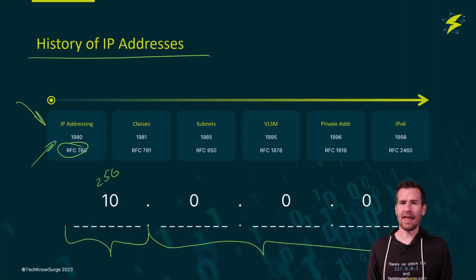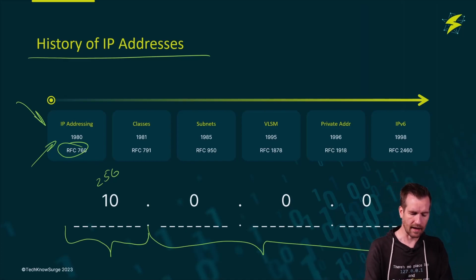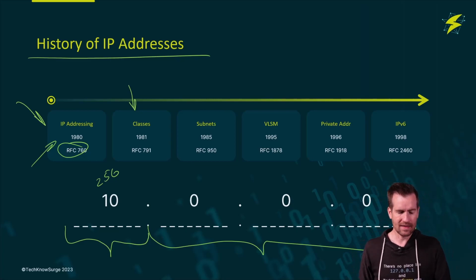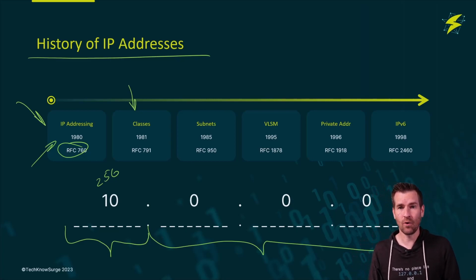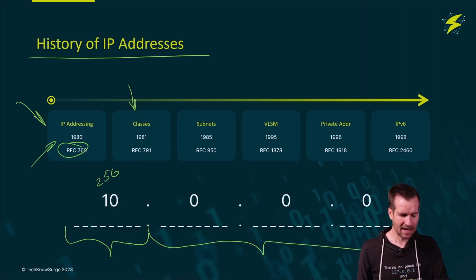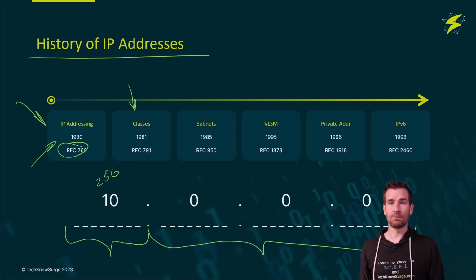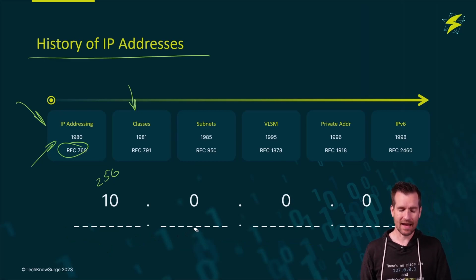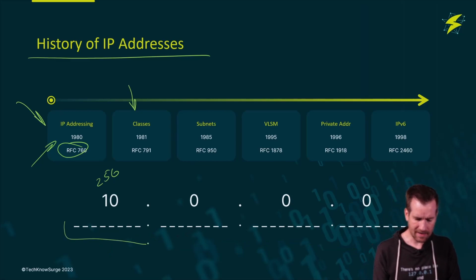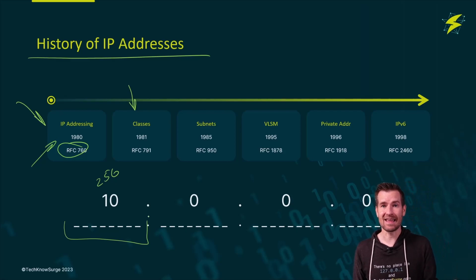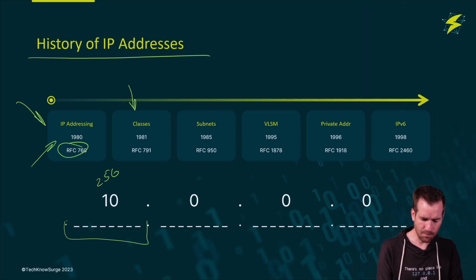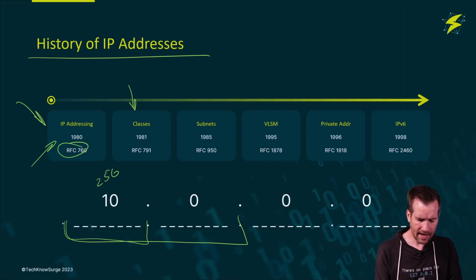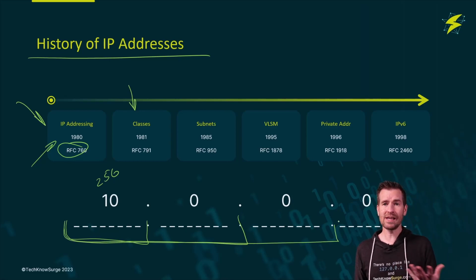So really a change was needed pretty quickly, and that's when RFC 791 specified IP version 4 and what IP addresses look like. It broke things down into classes. We went in depth into how there's a class A, which specifies that the first octet is the network address, a class B, which extends it to 2 octets, or a class C, which is 3 octets.